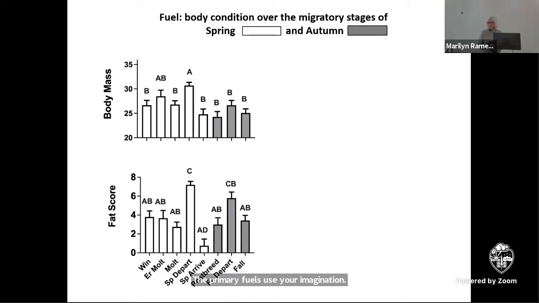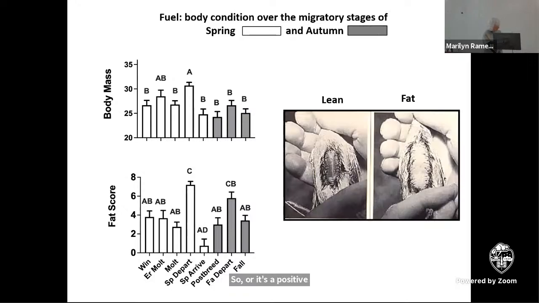It's a cheap fuel. It's stored without water, so it's light and it's packed with energy. So birds deposit fat in great quantities prior to departure, and that's what we see both in spring and in fall.